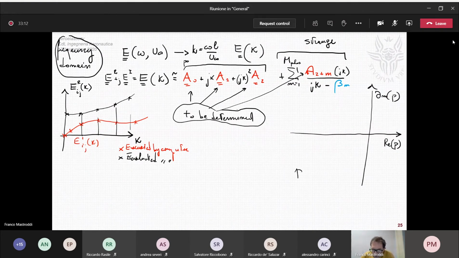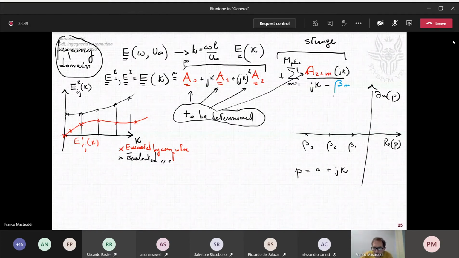P is equal to alpha plus jk, and therefore this beta is representing a pure real negative pole, like one here, beta 3, and so on.